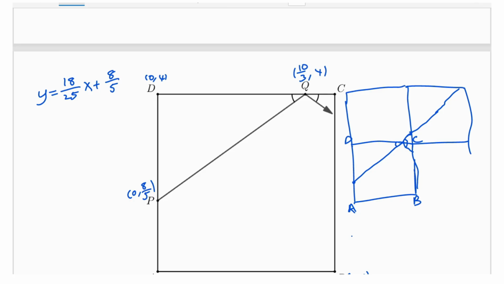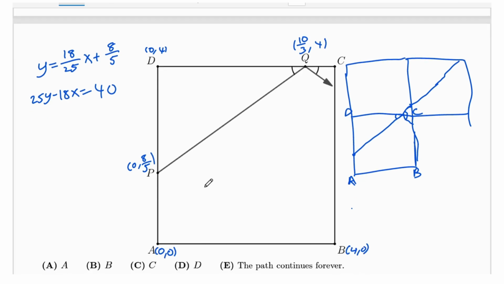And then we can multiply both sides by 25 to see that 25y minus 18x is equal to 40. And we want this to have a solution where both y and x are multiples of 4. And we do have a solution, which is that x is equal to 20 and y is equal to 16. That's our smallest solution, because we can test out smaller values and see that nothing else works.